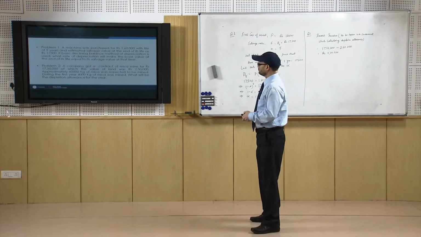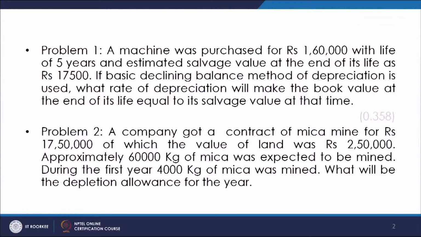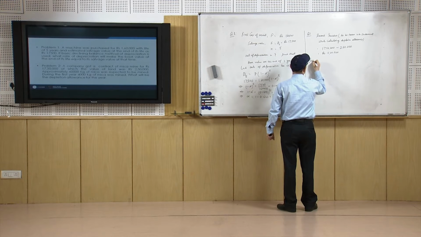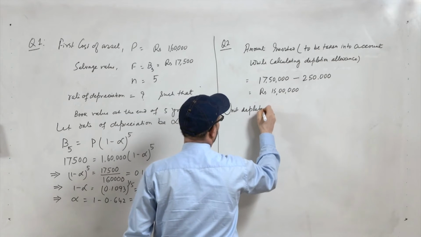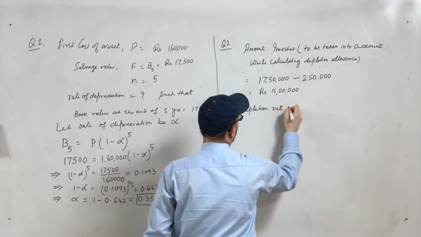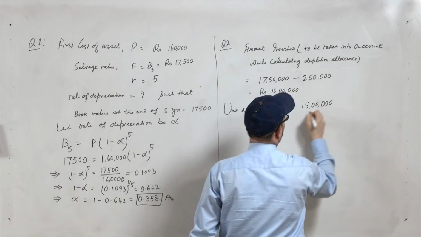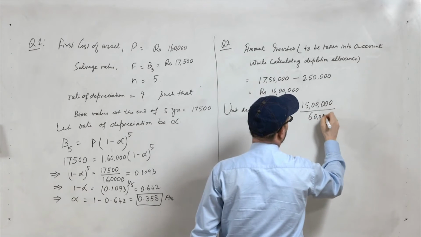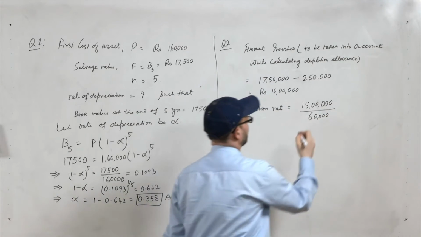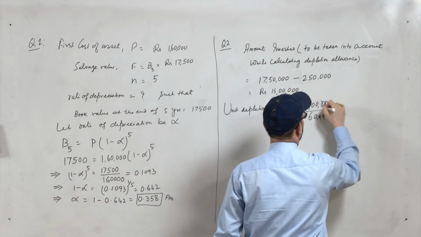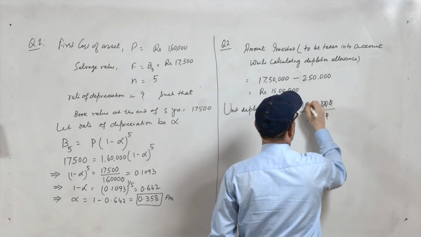Now, the company expects that it will mine 60,000 kg of mica during the whole period. So, your unit depletion rate will be 15 lakh divided by 60,000, that is 25.